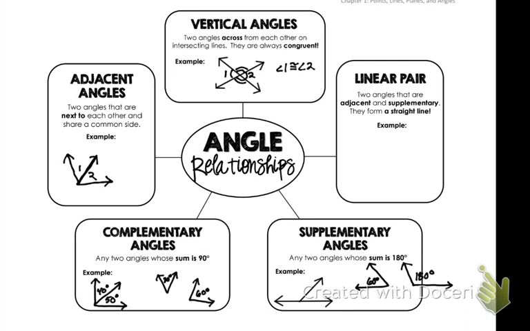Not 180, 120. Thank you. I was just thinking about the sum. I'm very particular about you understanding that they don't need to be next to each other. They could be anywhere. Any two angles that add to 180 degrees are supplementary.